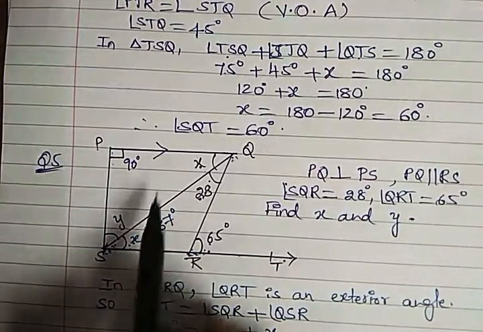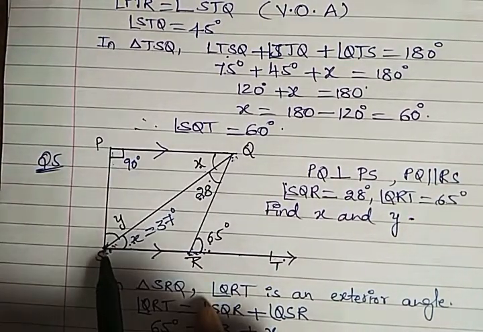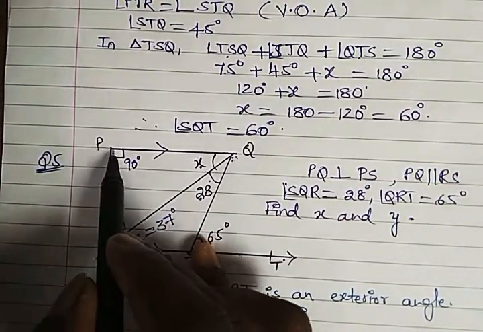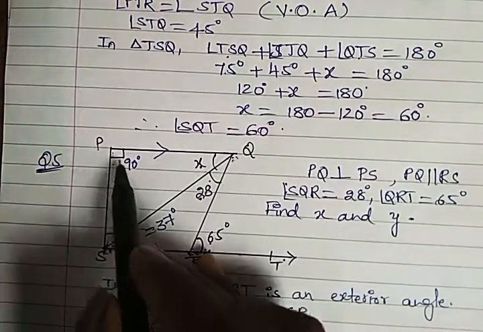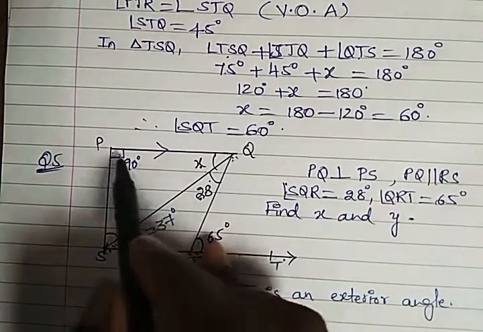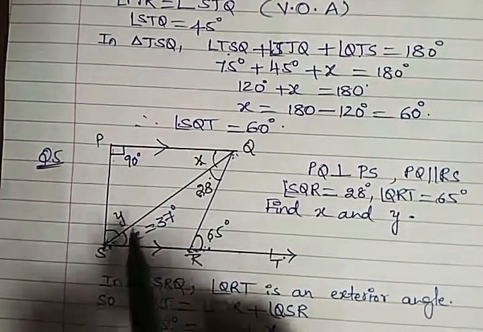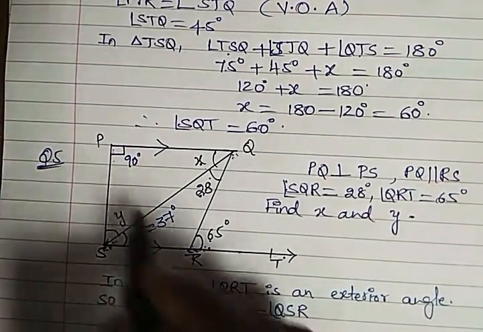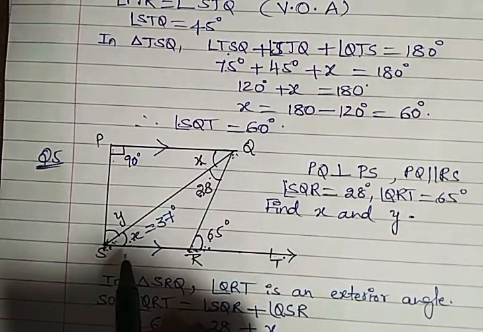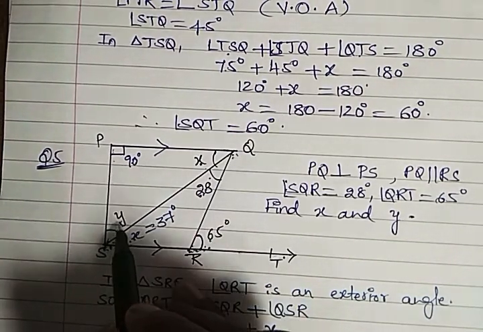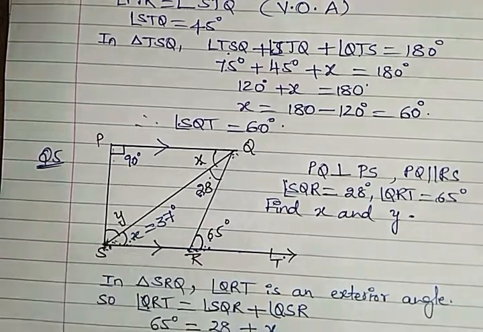As it is mentioned, PS and PQ are perpendicular. Now PQ and SR, these two lines, are parallel. So PS is a transversal. Now look at these angles: 90, Y and X. All these angles are on the same side.